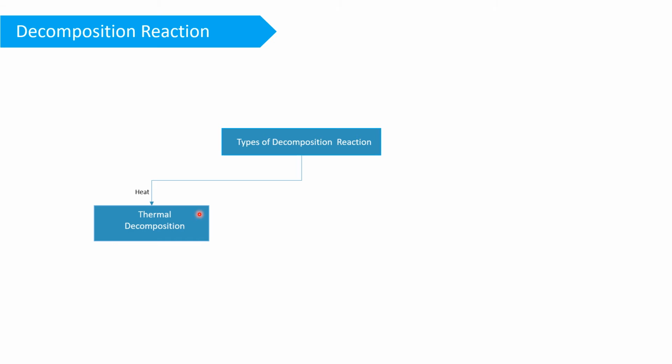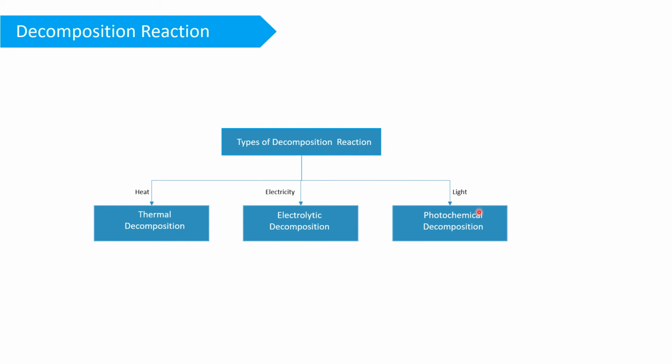What is the second type? The second necessary condition is electricity. When a decomposition reaction is carried out by using electricity, it is called electrolytic decomposition or electrolysis. The third necessary condition is light.